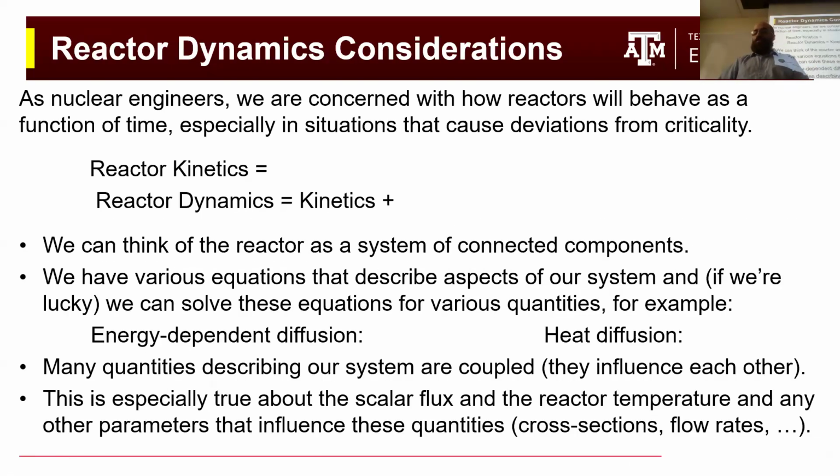So when we talk about time dependence, there are two characteristic problems that we want to study: kinetics problems and dynamics problems. Kinetics is basically what the point kinetics equations do for us. They give us a way to model the time dependence of a neutron population.